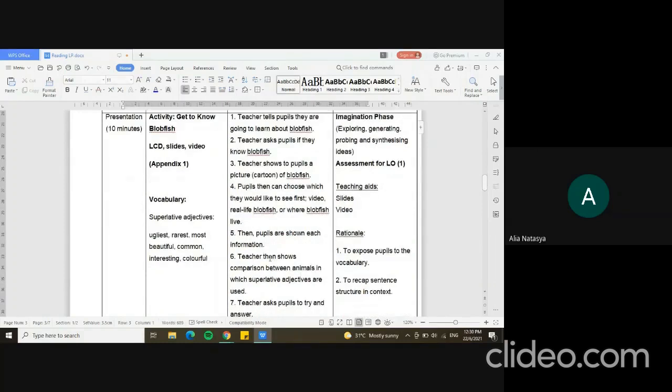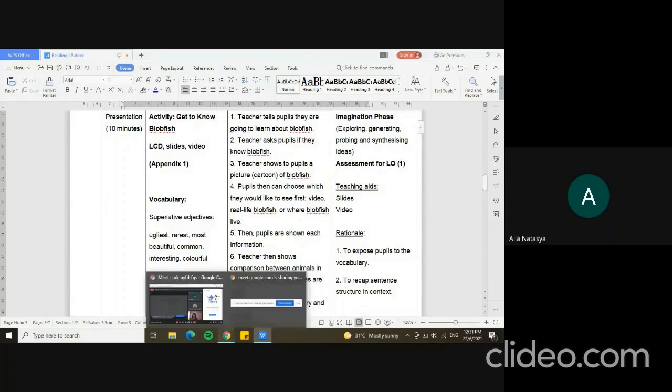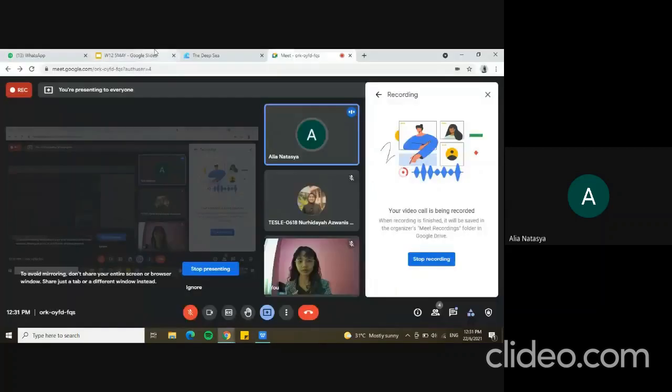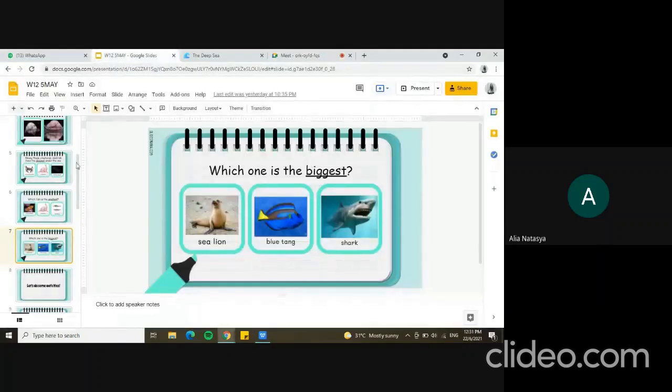The teacher will ask pupils if they know blockfish, since blockfish is not exactly a famous sea creature or a famous fish. So pupils most likely do not know how they look, especially since blockfish are very rarely seen in Malaysia. So the teacher will start showing pupils how blockfish look.